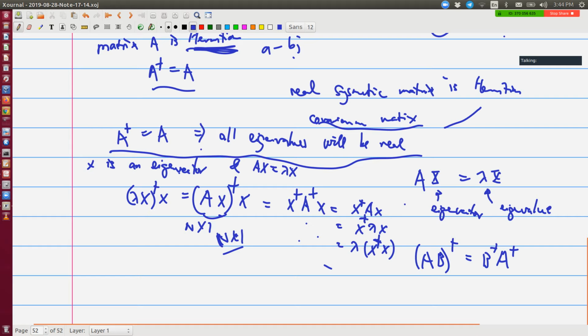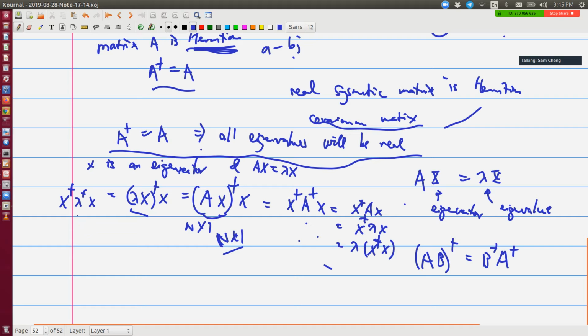So the Hermitian of lambda x will just equal lambda Hermitian times x Hermitian times x, because this is just a constant multiplied by a vector. Let's change it: lambda Hermitian times x.